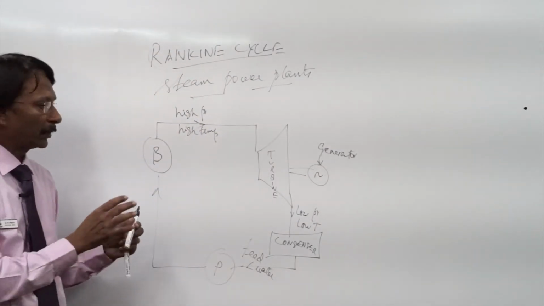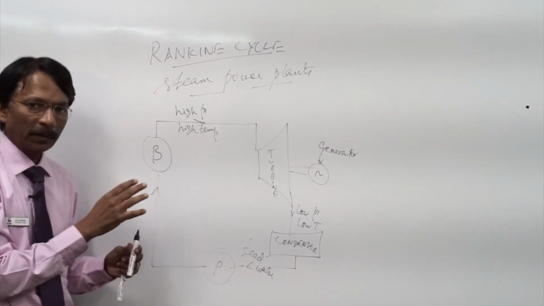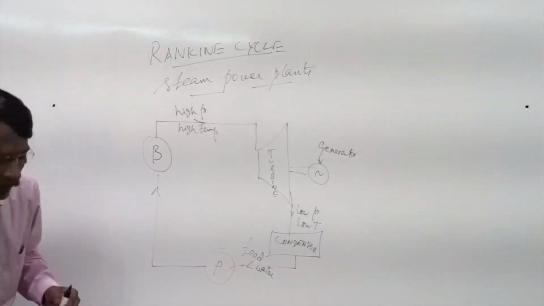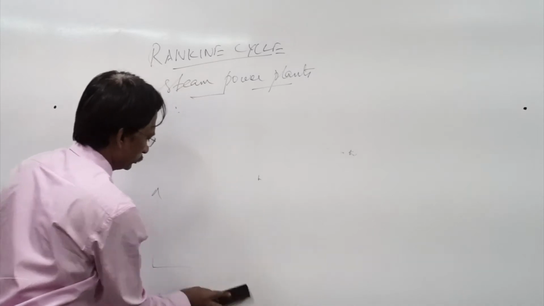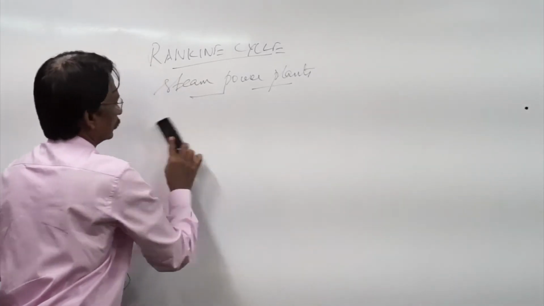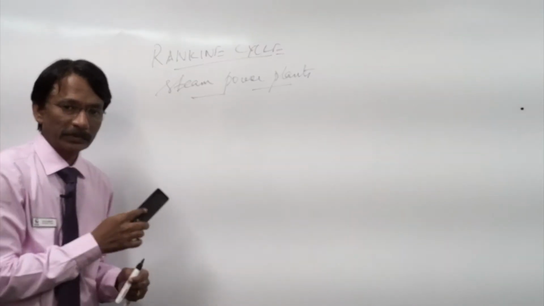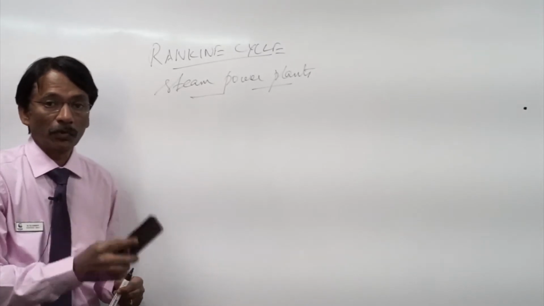Now, let us represent the Rankine cycle on a TS plot. The Rankine cycle represented on a temperature entropy plot.